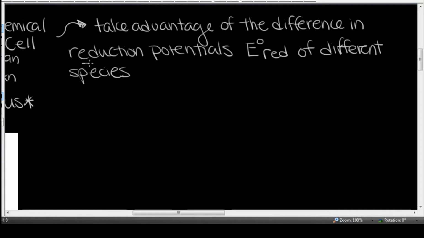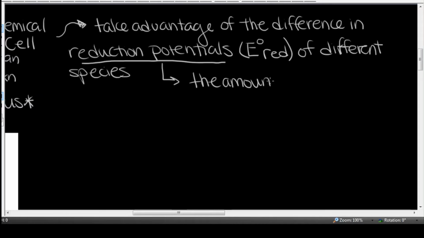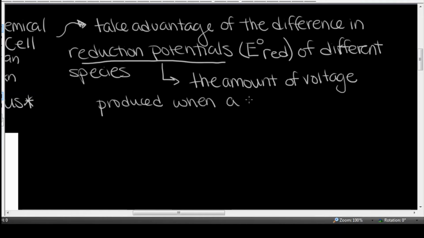So reduction potentials, you can think about a reduction potential, which is E naught reduction, as the amount of voltage produced when a substance gains electrons.